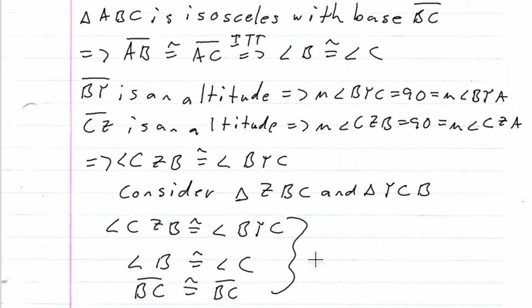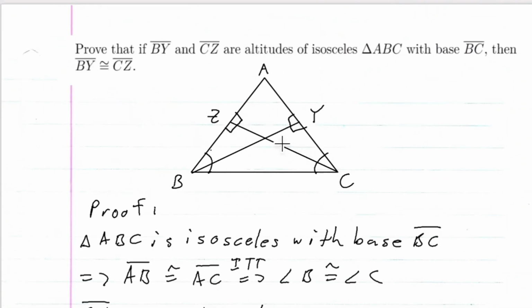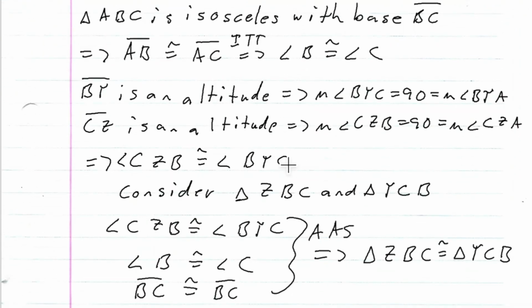So these three things imply by the angle, angle, side congruency theorem that triangle ZBC is congruent to triangle YCB. And since triangle ZBC is congruent to triangle YCB, that means that BY is congruent to CZ, which is what we wanted to show.